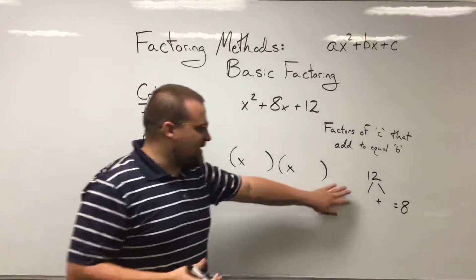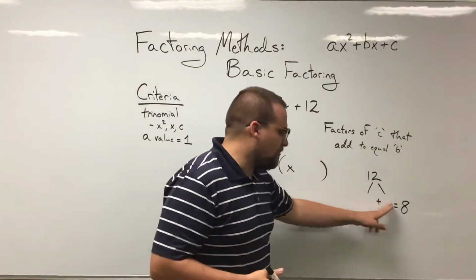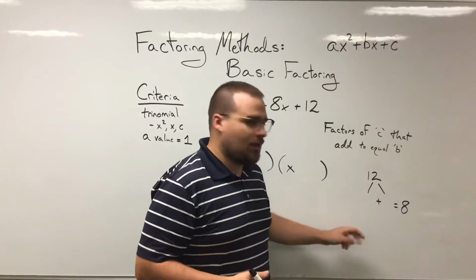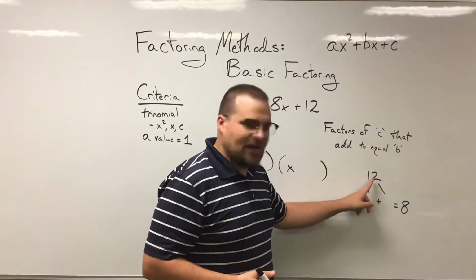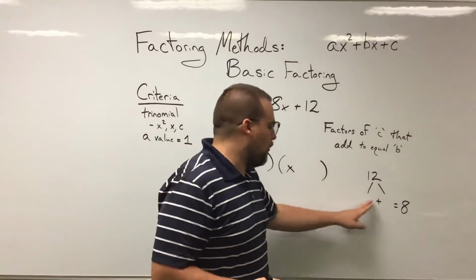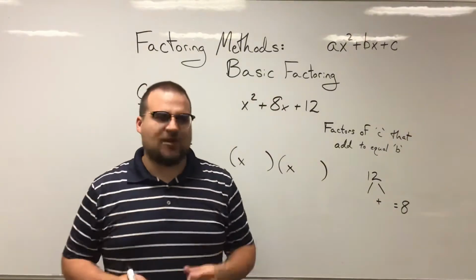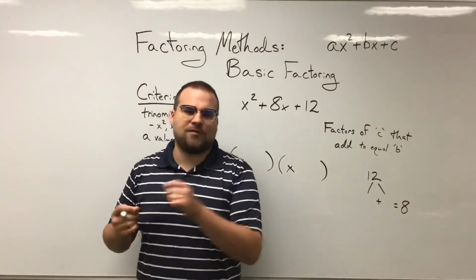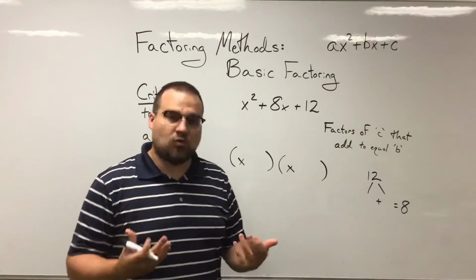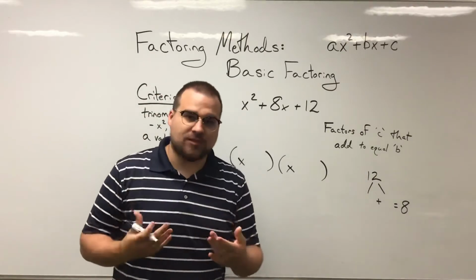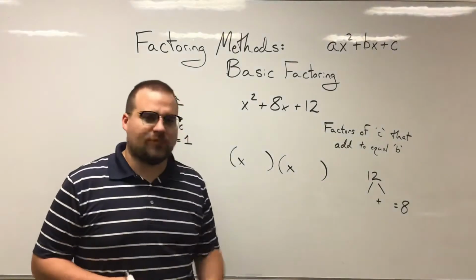This is a diagram that I personally like to use, because if I plug in my two numbers here, I can see both of them would multiply to be factors of 12, and both of them would add to equal 8. So let's think about it. What are some factors of 12 that would add to 8? This is a little bit of brainstorming to come up with some possibilities and determine which one accurately solves this.